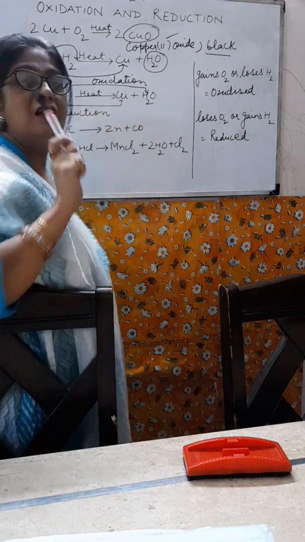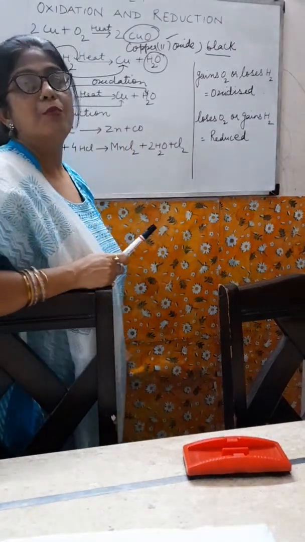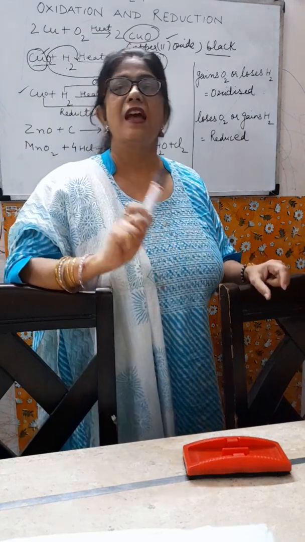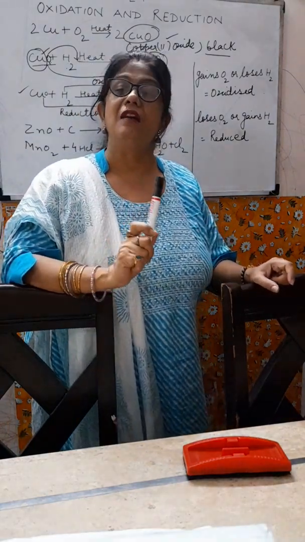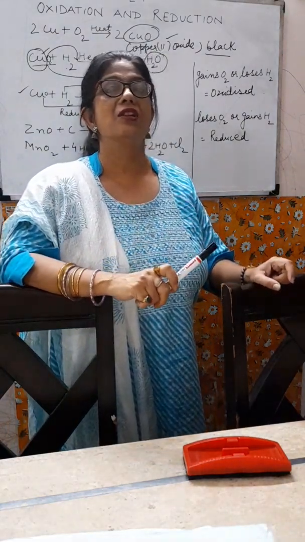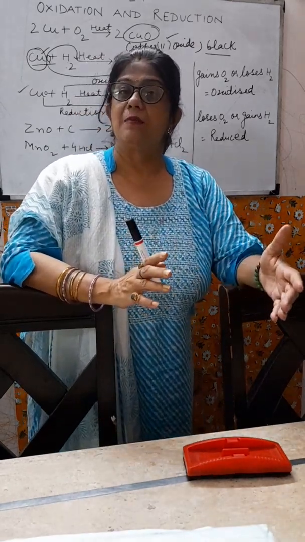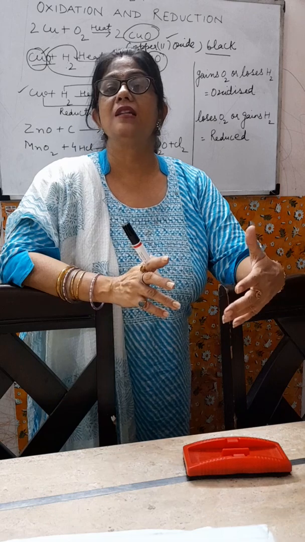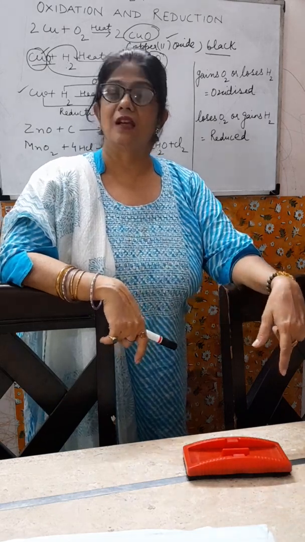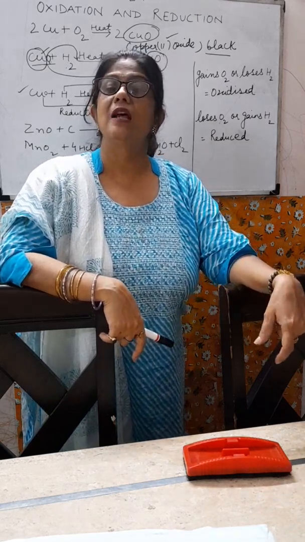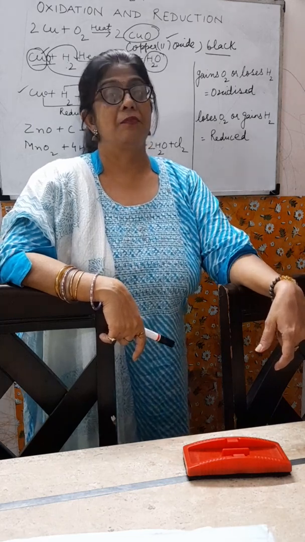Means in a single reaction, both the processes, oxidation and reduction, are taking place. Such reactions in which both oxidation and reduction take place are known as oxidation and reduction reactions, and they are also known as redox reactions.